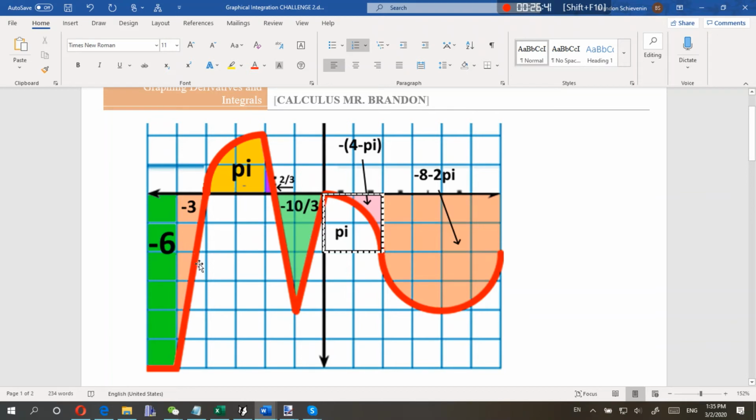What would my acceleration be? The slope. The slope? Okay, what's the slope of that part of the line? So slope of the line between -5 and -4.